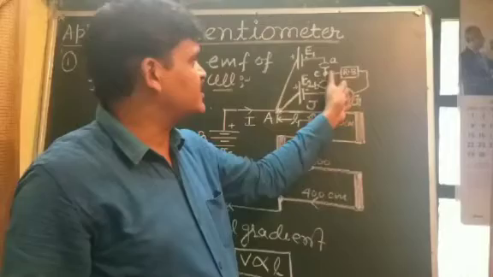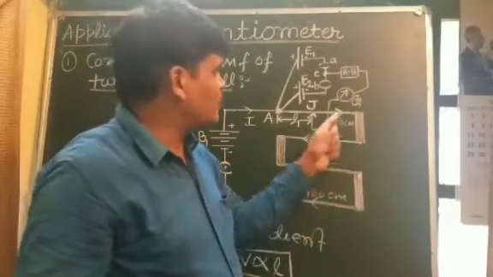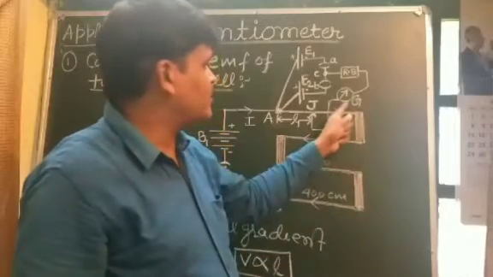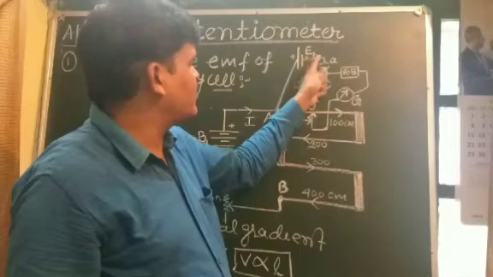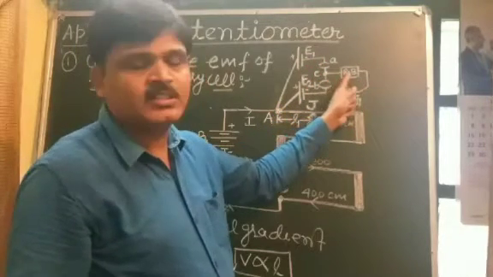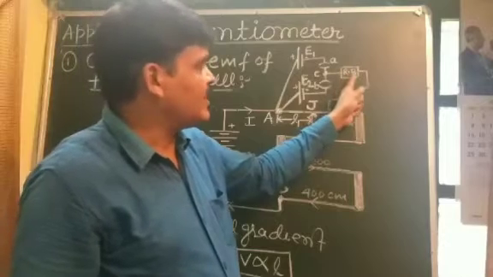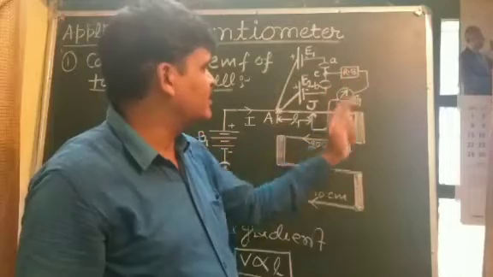This high resistance is connected in series with the galvanometer to protect it from excessive current, shown here as RB, resistance box.